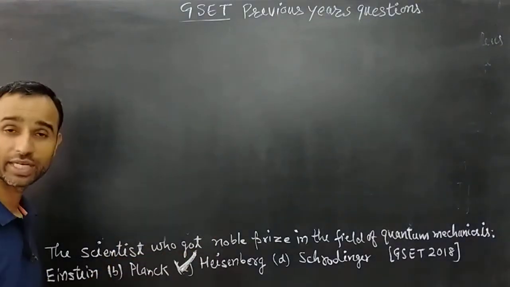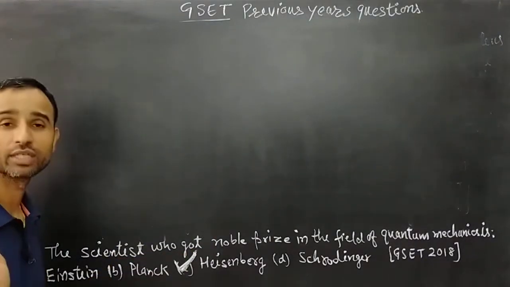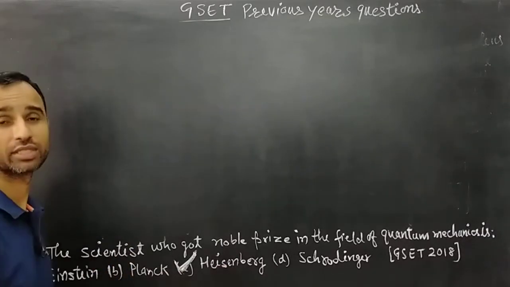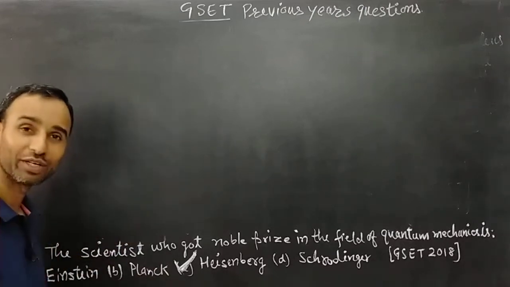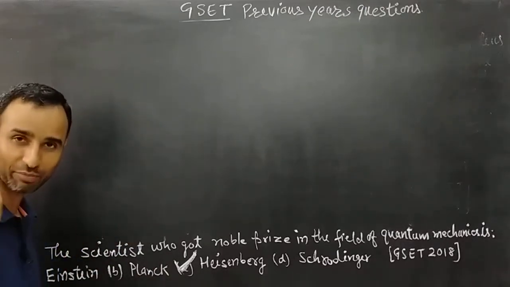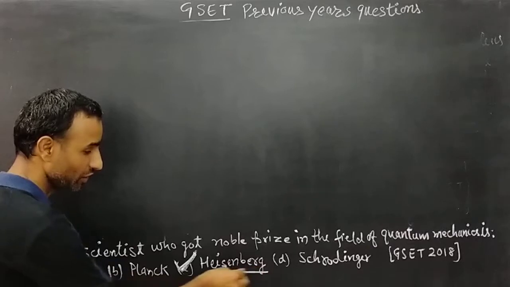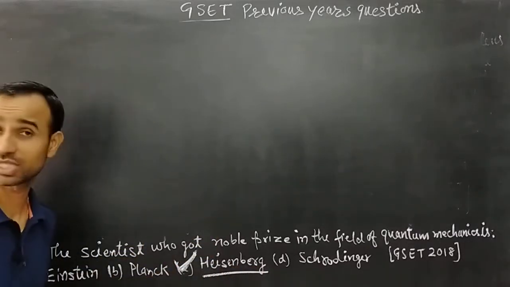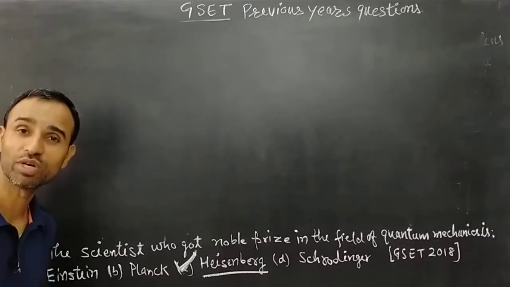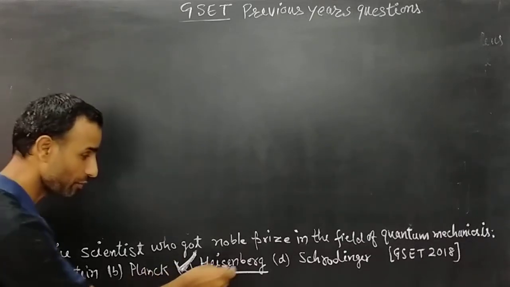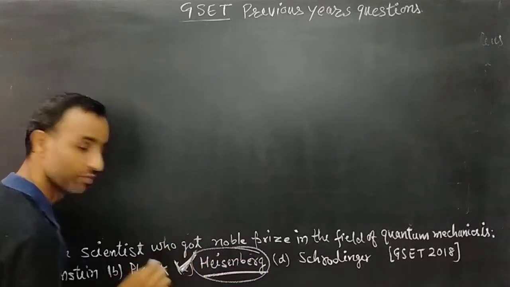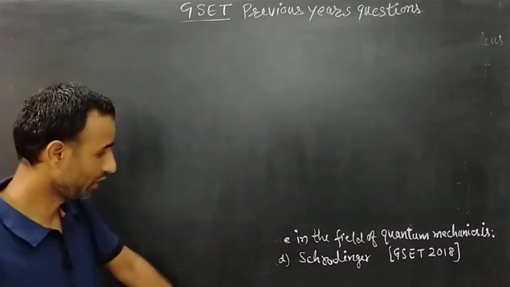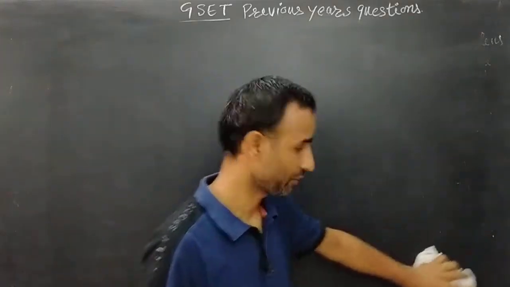This quantum mechanics concept was not understood by the public or even by the science fraternity. Then it was reserved for some time. In 1933, he got the Nobel Prize for quantum mechanics, because this mechanics is not easy to understand. So keep in mind Heisenberg got the Nobel Prize in the field of quantum mechanics.